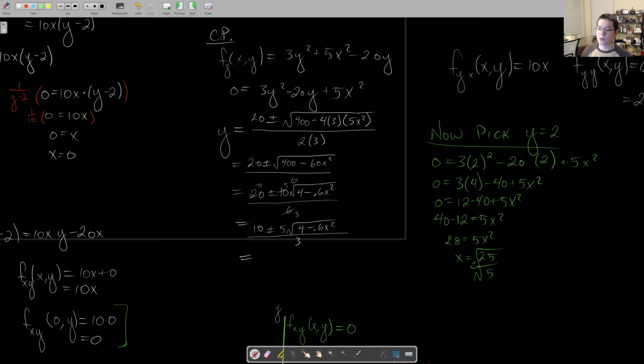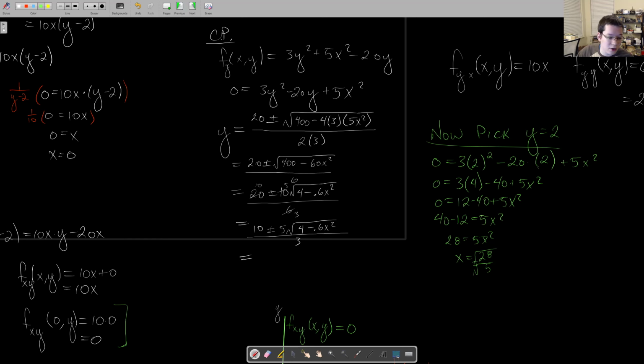So we have x equals plus or minus the square root of 28 over 5, goodness gracious. 28 over 5. So that's 2 more points to check, both of which are not meaningful.